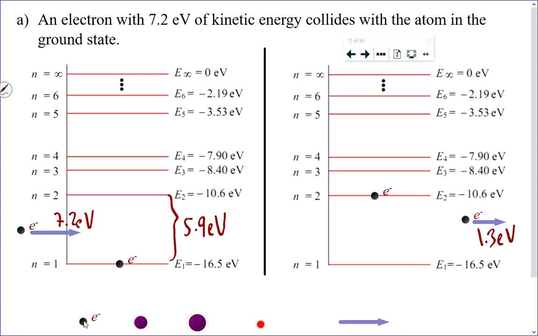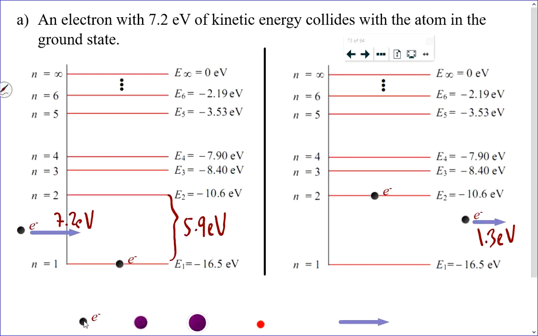So the answer to the question would be the atomic electron ends up in the n equals 2 level, or we could just say the atom ends up in the n equals 2 level. And the bombarding electron continues on its way with only 1.3 eV of energy.